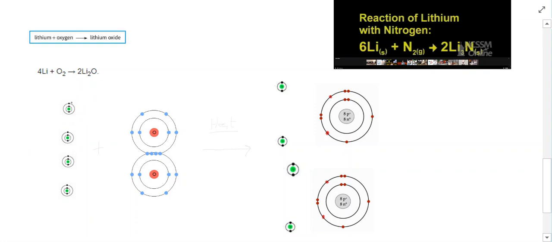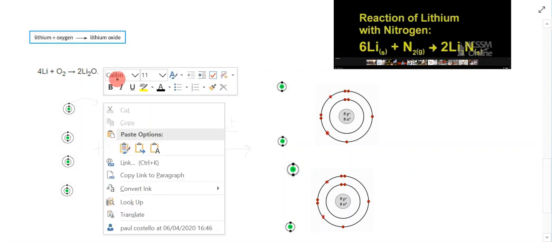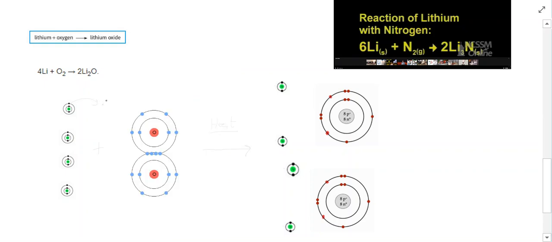So imagine this: these negatively charged electrons come off the lithium. Each of these lithium atoms is going to lose its outside electron, and the electrons are going to come into this molecule of oxygen. 2 of them are going to connect onto each oxygen atom.